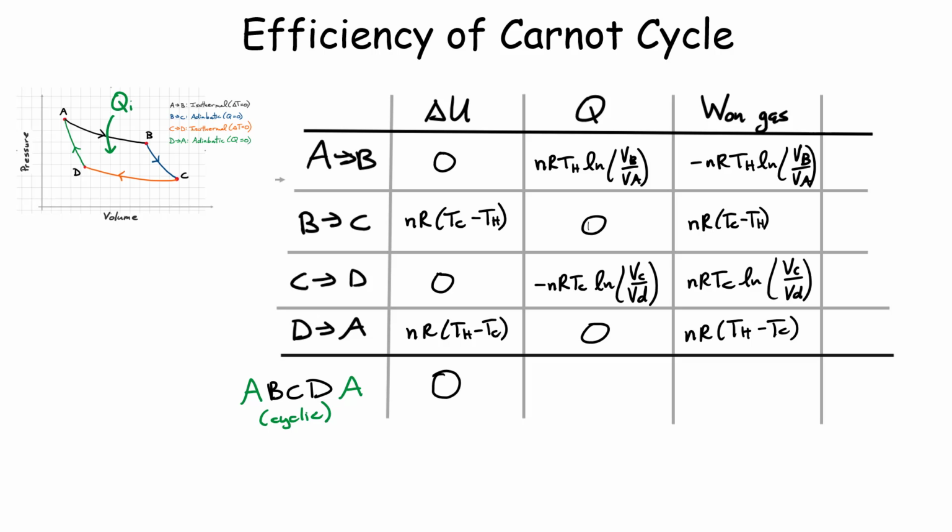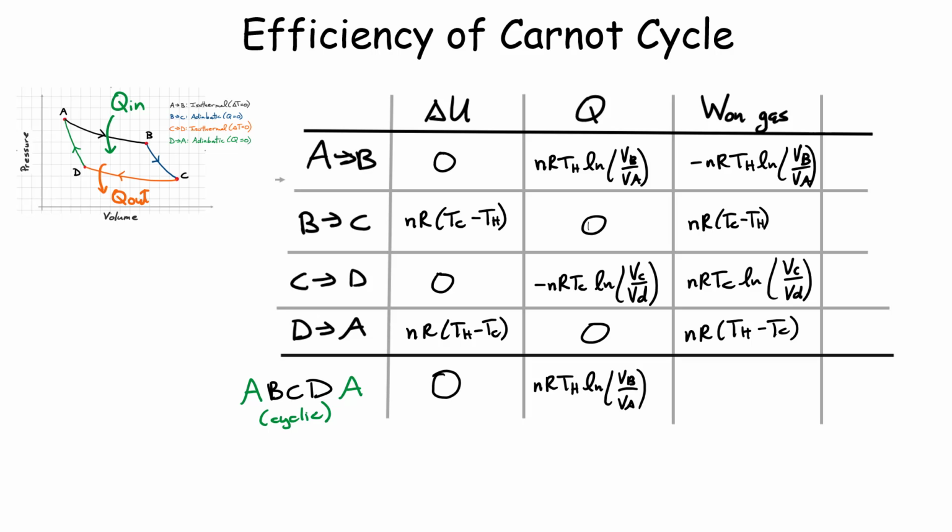That was Q in. And then we said there was some heat leaving the system. So that's represented by a negative number. That's Q out, right? So you can go ahead and calculate what the total heat is. Again, what you have to do is simply sum up everything in this center column over here. So again, you would simply have nRTH, natural log of VB over VA.